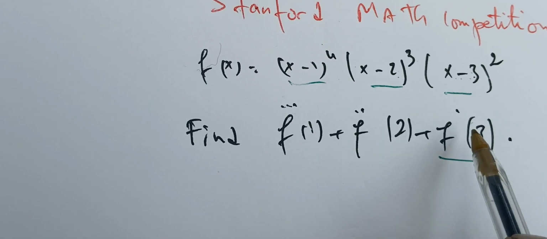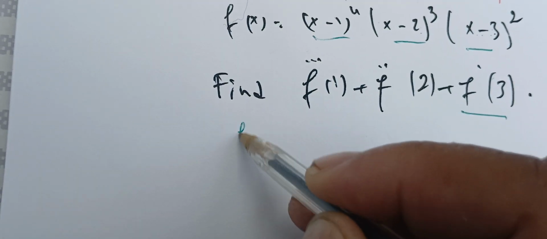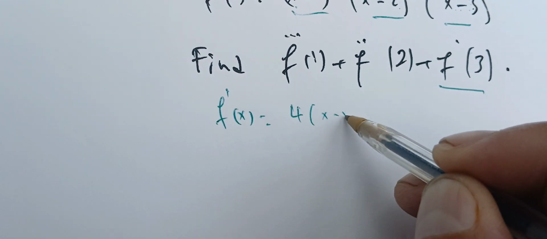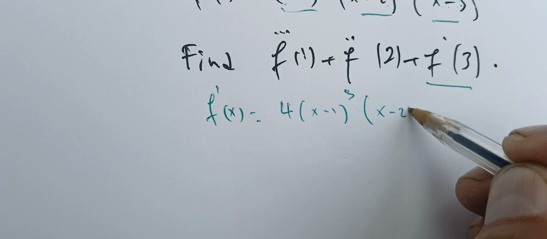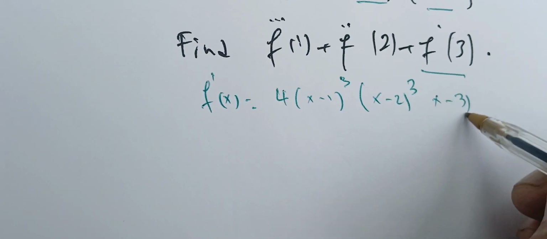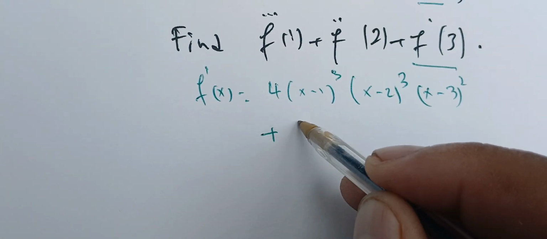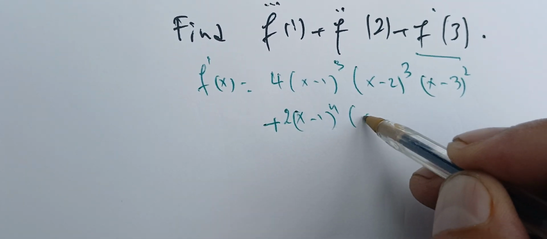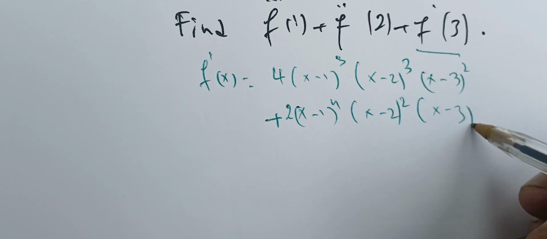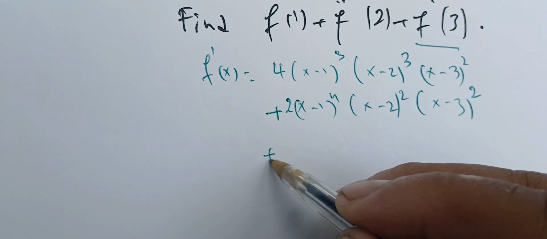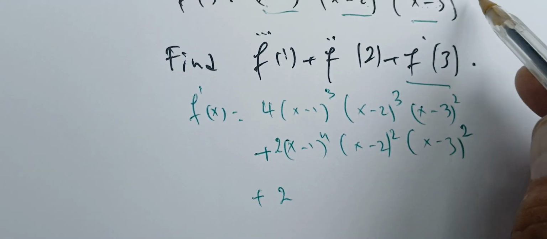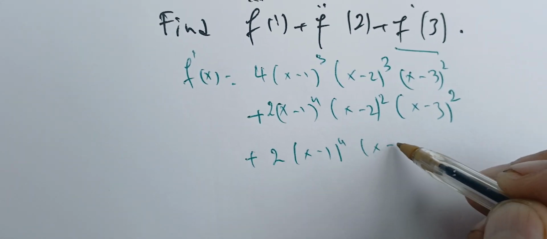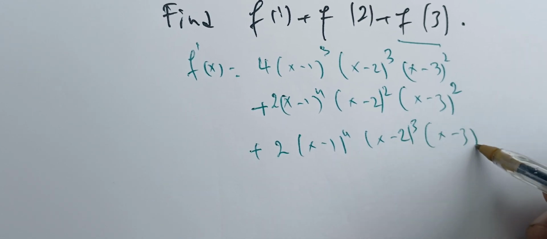If we want to differentiate one time, we're going to differentiate this one here: 4 (x minus 1) to the power 3 times (x minus 2) to the power 3 times (x minus 3) to the power 2, plus we keep the first one constant and differentiate this one here: (x minus 2) to the power 2 times (x minus 3) to the power 2, and finally we're going to have 2, which comes from here, 2 (x minus 1) to the power 4 times (x minus 2) to the power 3 times (x minus 3).